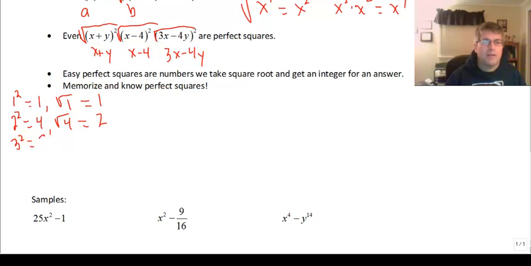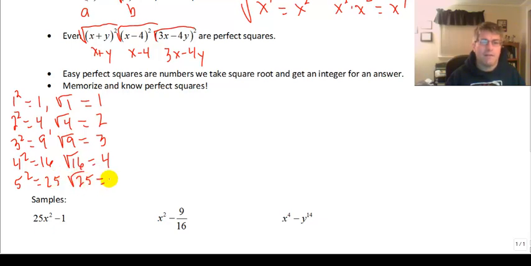And the pattern continues. 3 squared is 9. The square root of 9 is 3. 4 squared is 16. Square root of 16 is 4. 5 squared is 25. And the square root of 25 is 5. So our perfect squares are all these numbers that I have circled. And we will keep going.